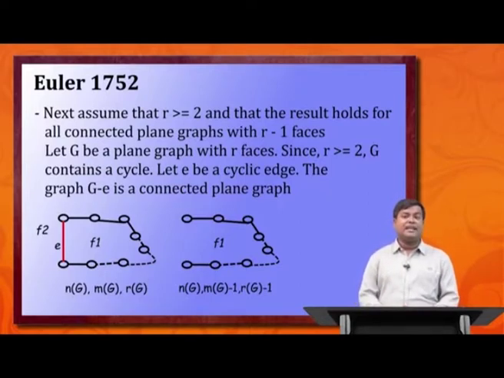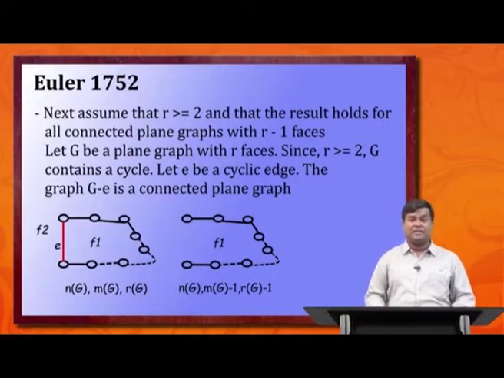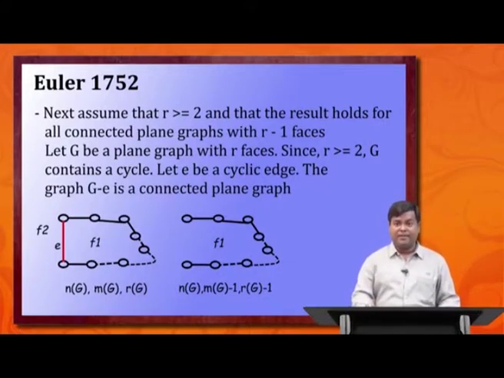The number of vertices still remains the same. The reason is E is a cyclic edge. If I delete the edge E, the graph is still connected. So there is no dangling, there is no isolated point, so there is no need to delete any vertices. The total number of vertices is still n.